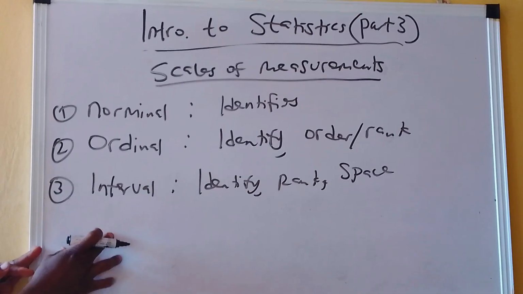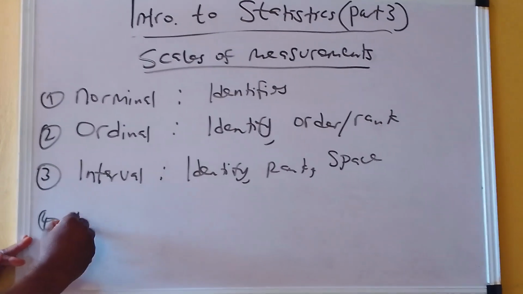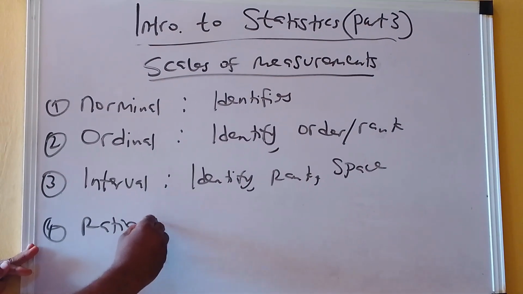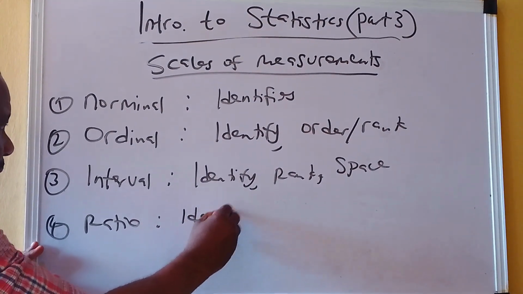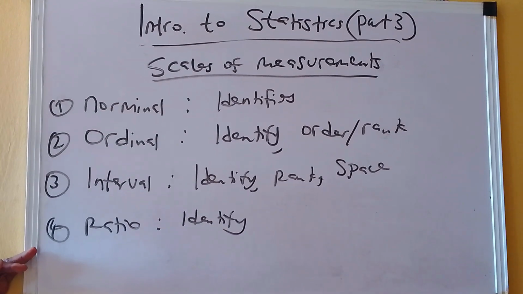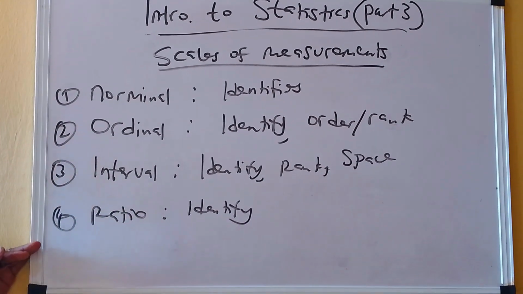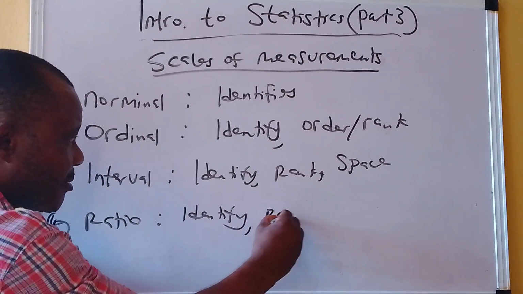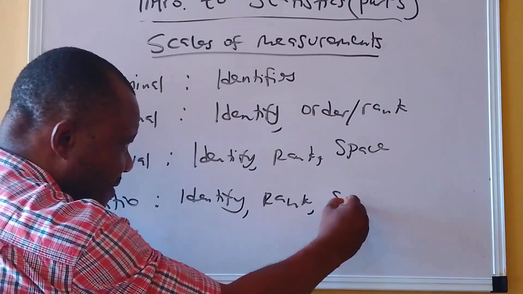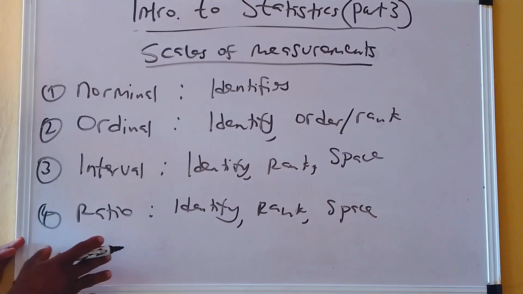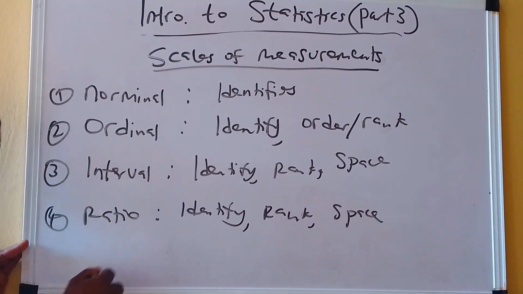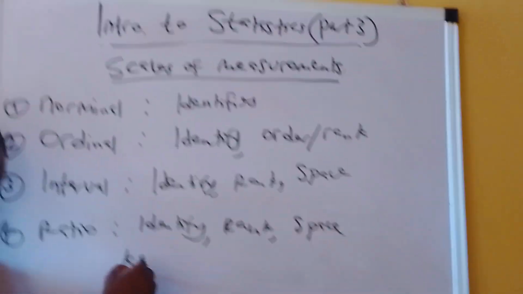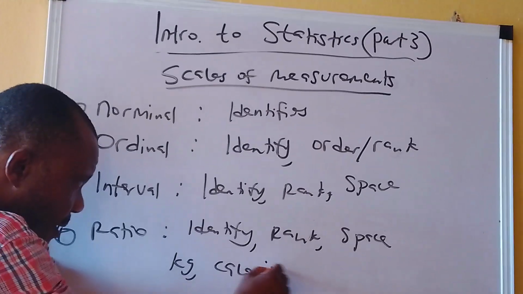While the interval and the fourth one, which is ratio, the ratio is the highest scale of measurement that you have. It can identify, it can rank, it can space, and it can even tell you the measurement in terms of kg, in terms of calories, and so on.